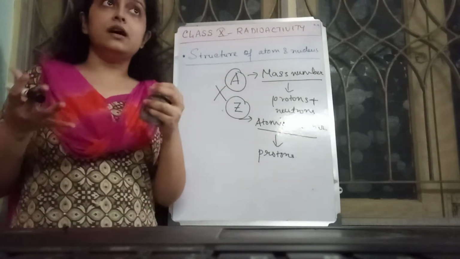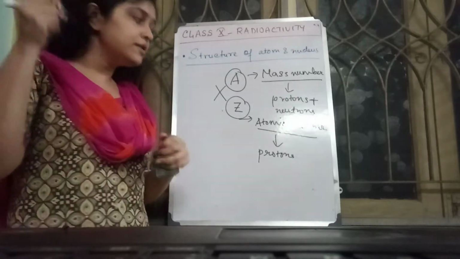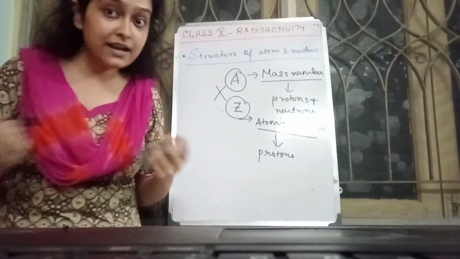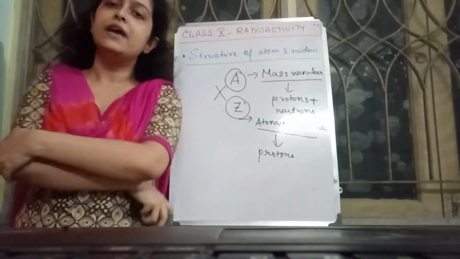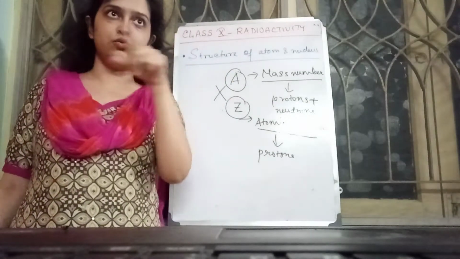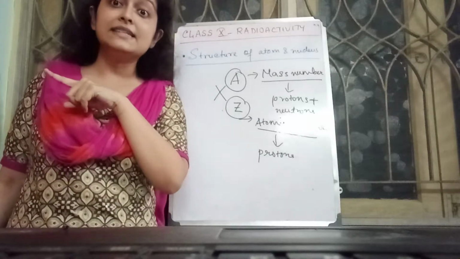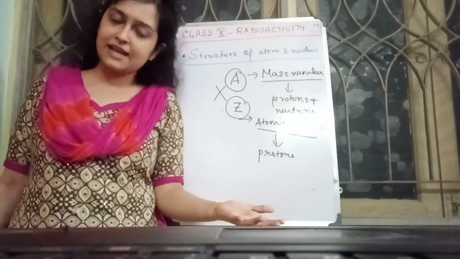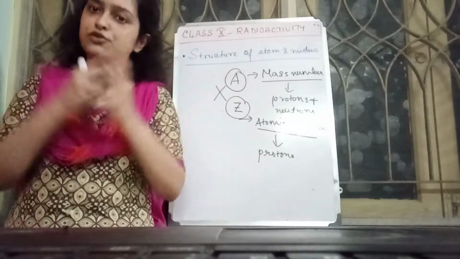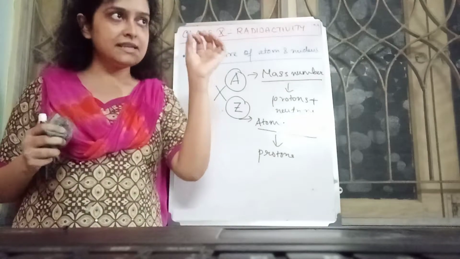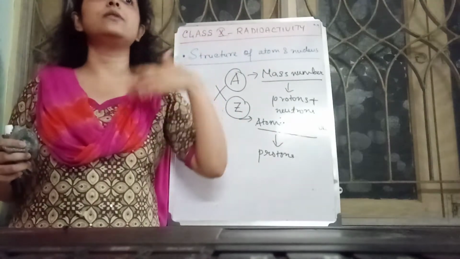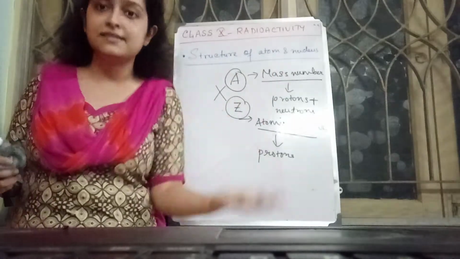And suppose it is not electrically neutral, suppose we have X plus 2, then also we can know the number of electrons. Plus 2 means it has a deficit of electrons, and minus 2, if it is a minus charge, means it has an excess of electrons, right? That means it has more electrons than protons, because as a whole an atom is electrically neutral. So if it is carrying plus charge, that means it has a deficit of electrons. If it is carrying negative charge, that means it has an excess of electrons, right?